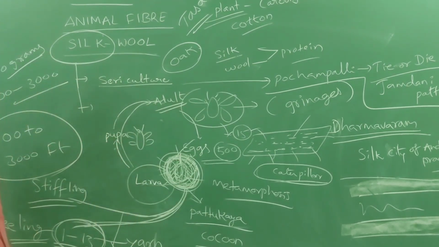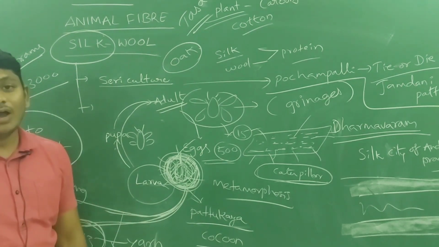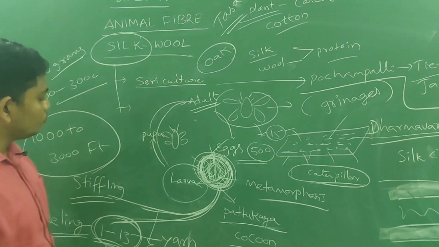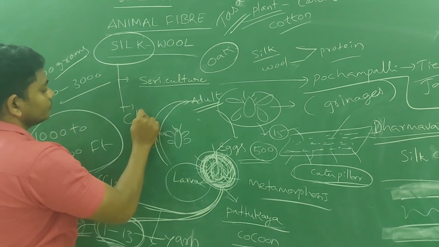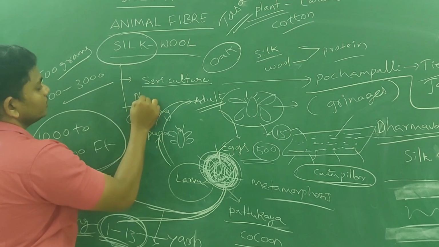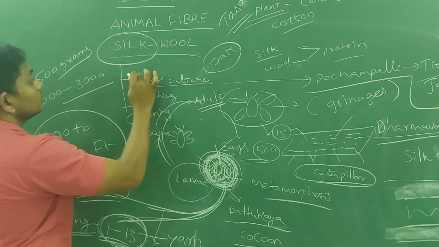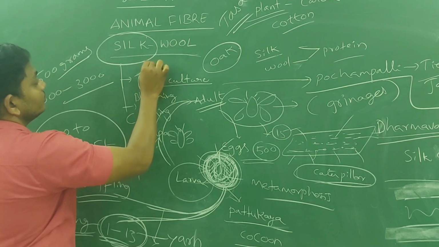Is it clear? One point I have to teach here: when we take off a thread from the cocoon, we have to do three things. First one is cleaning, second one is bleaching, third one is dyeing.